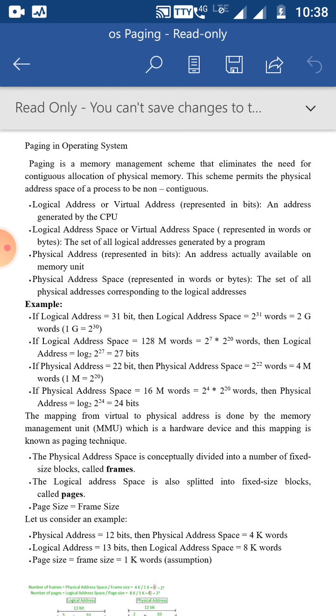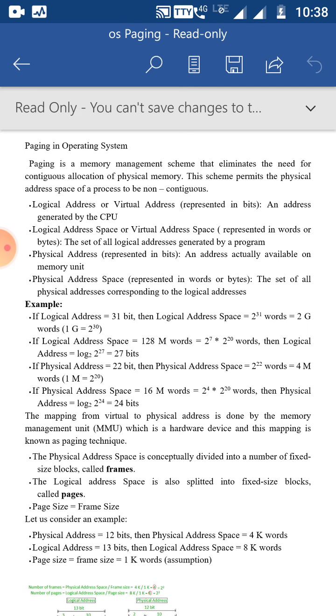How is this performed? The logical address 12 is divided by 10 because the page size is 10. So 12 by 10 gives 1, which is the page number.